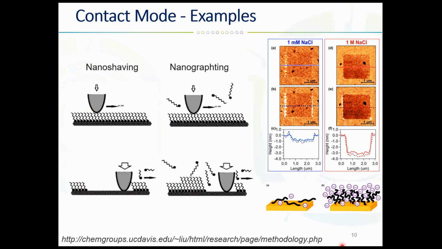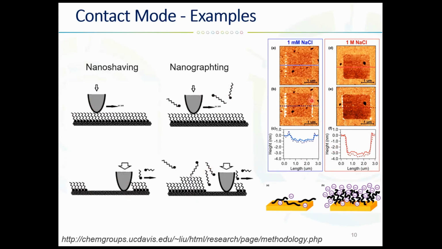And on the right hand side, this is another example from the papers. So here researchers were working with thiolated single-stranded DNA. So instead of these polymers, they had DNA with thiol group. And thiolated single-stranded DNA films can be self-assembled at a different ionic strength.